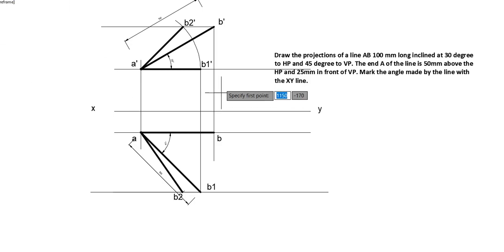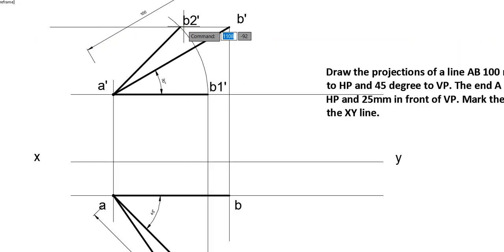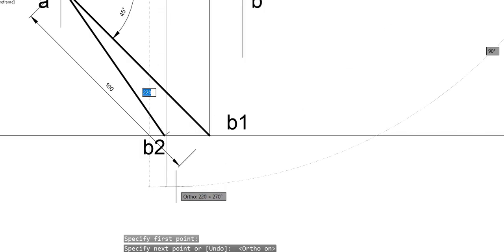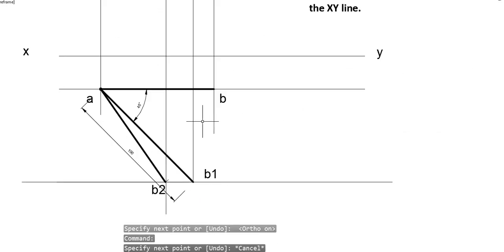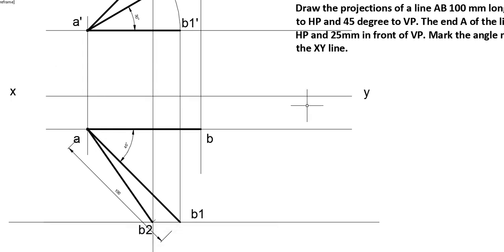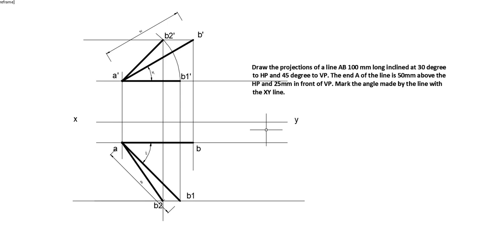So if you want to check that whatever you have done is correct, just draw a projector from the front view vertically downwards, and it will intersect this point. This means that the answer is perfectly correct. So this is the front view of the line AB, and this is the top view of the line AB. That is how you solve the problem.